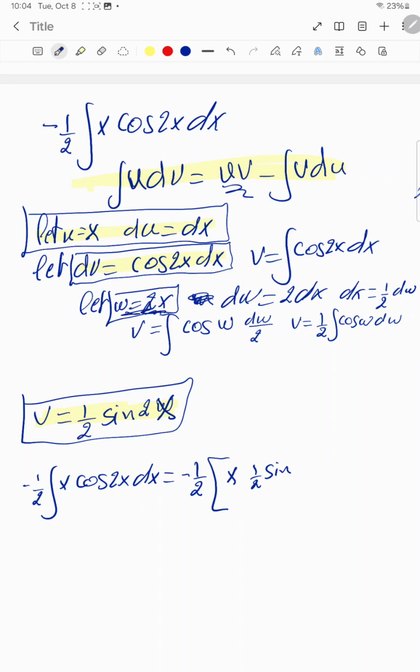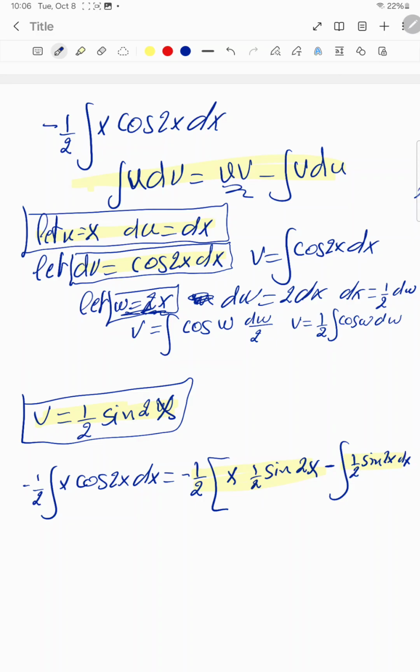My w was 2x. Minus the integral of v, which is 1/2 sine 2x, and my du is dx. So we're close to solving it now. This part here is done. I don't have to do anything. I have to solve that part here.